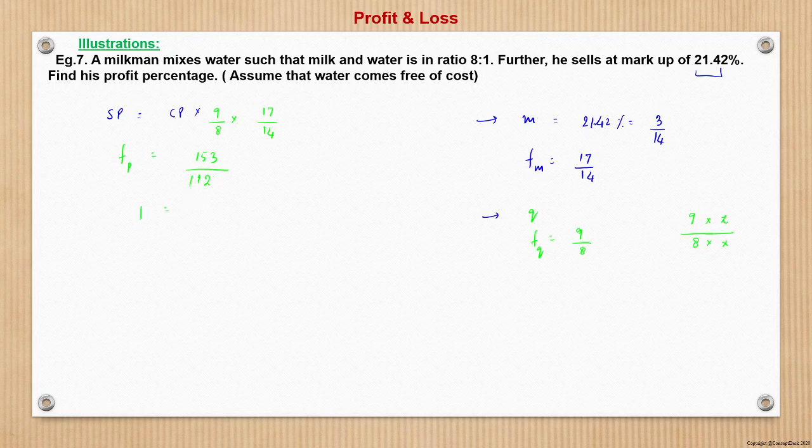So here the profit becomes 41 by 112. If we solve this, it will be roughly around 35-36%. In actual this is 36.61%. So pretty simple, using this concept of multiplying factors and trying to understand what impact those factors will have on the selling price vis-a-vis the cost price, right?